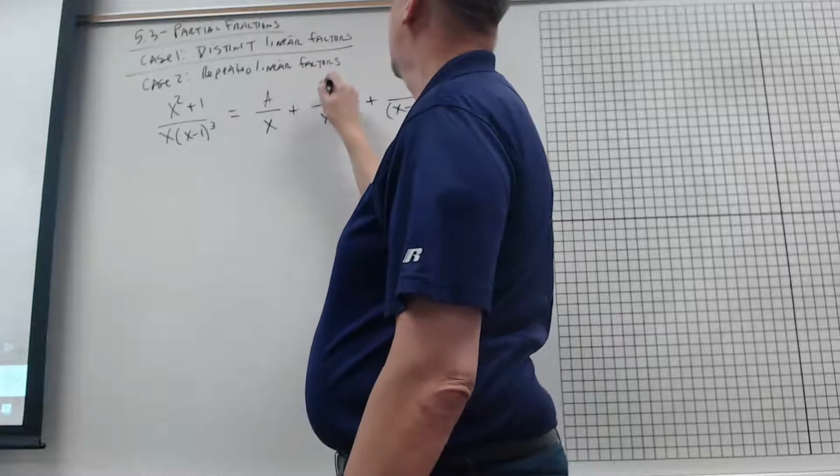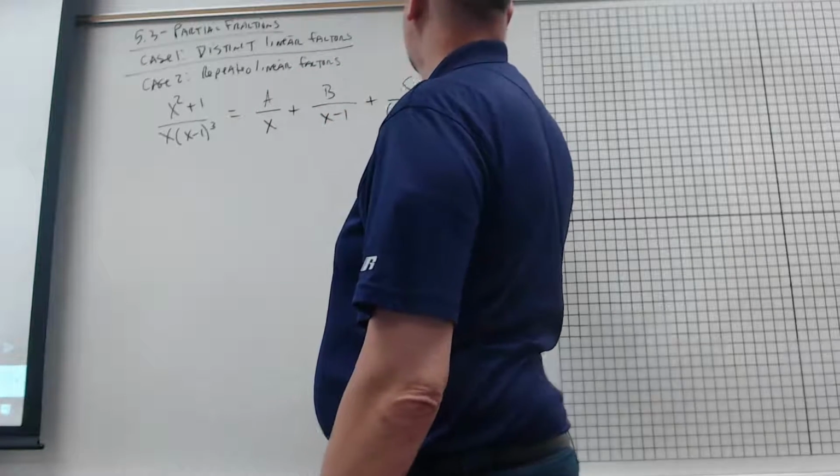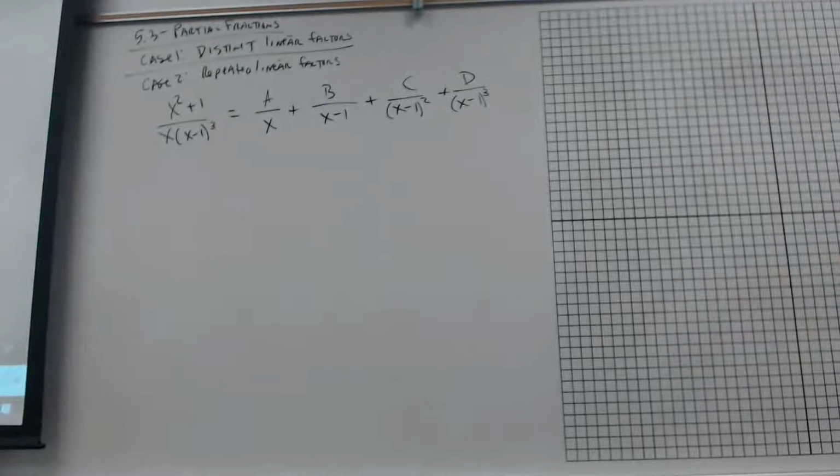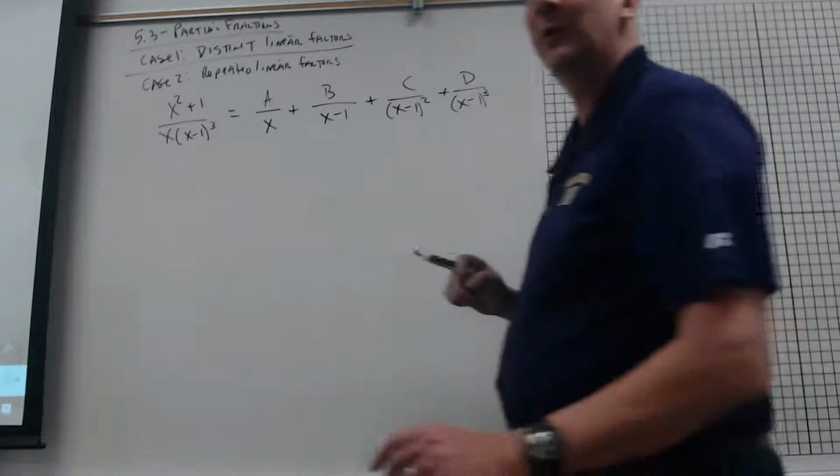A, B, C, and D. Okay? Now, the rest follows exactly the same. What I'd like to do is give you all the cases, and then we'll do at least one at the end.